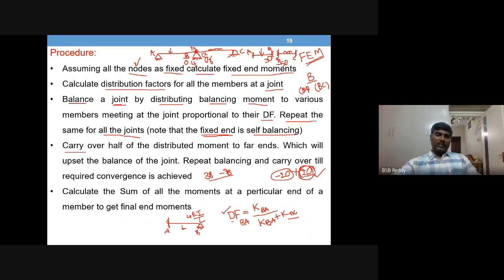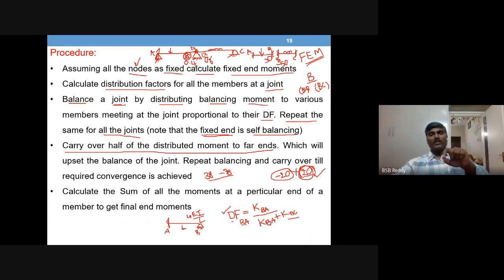Then what next? Carry over half of the distributed moment to the far ends. Imagine that in the given problem, A is fixed, and you are applying 8 here. In AB, B is the near end, where you are applying the moment.